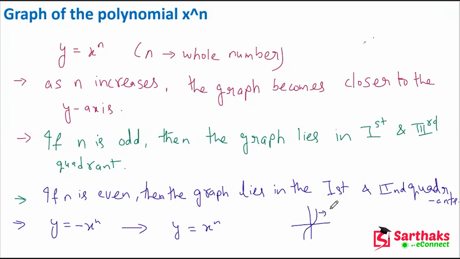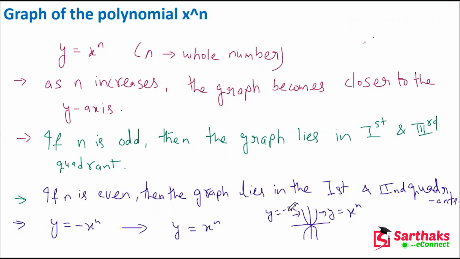This is the graph of y equals x raised to power n. Then what is the graph of y equals minus x raised to power n? Like this. So this is the graph y equals minus x raised to power n. Okay. So I hope you get this point.